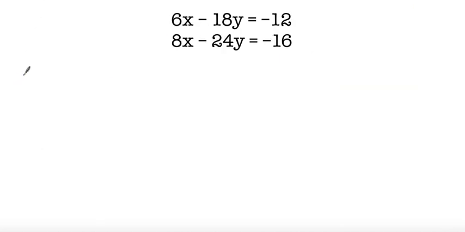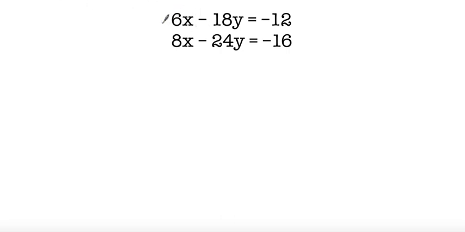And so here we have another example. 6x minus 18y is equal to negative 12, and 8x minus 24y is equal to negative 16. So again, we're going to have opposite coefficients. And since there's no number I could really multiply the first equation by to get an opposite here, or the second equation to get an opposite here, I actually have to multiply both of them.